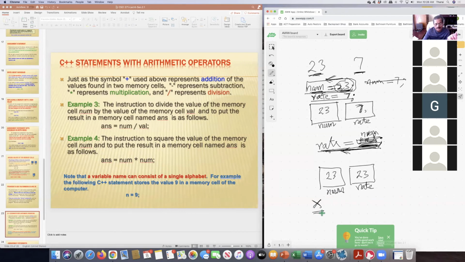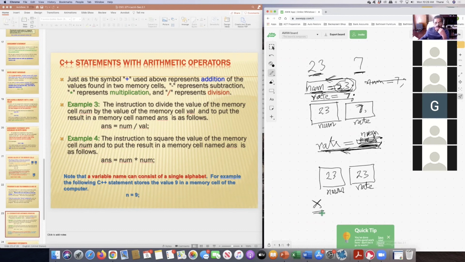In math, a word processor has that symbol, but the keyboard doesn't support it. We are not using a word processor, so a keyboard has to support everything we write in C++. Another reason for not using this cross symbol is it resembles X, so it can be mixed up. And we cannot allow any kind of confusion anywhere. So that's why they adopted asterisk for multiplication instead of the cross symbol.